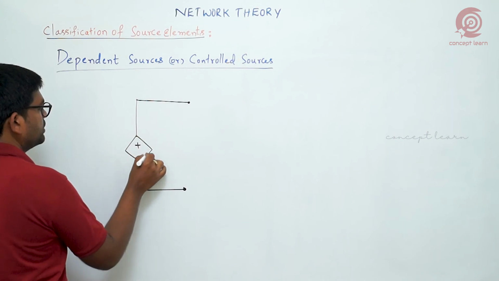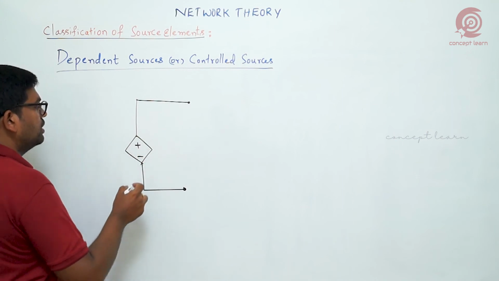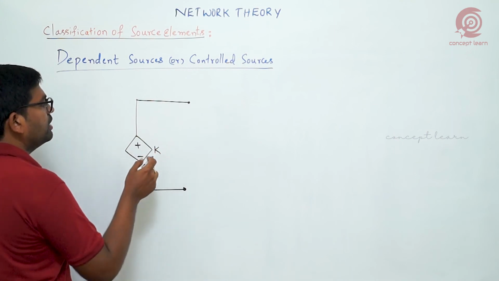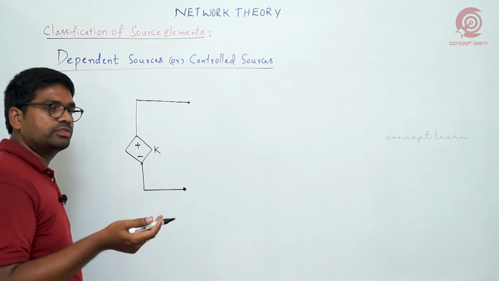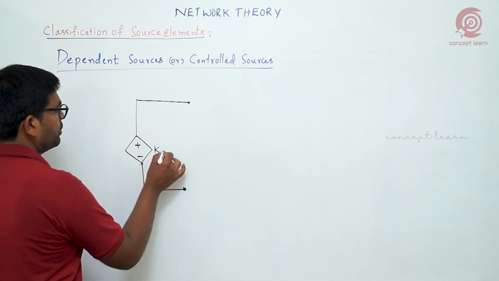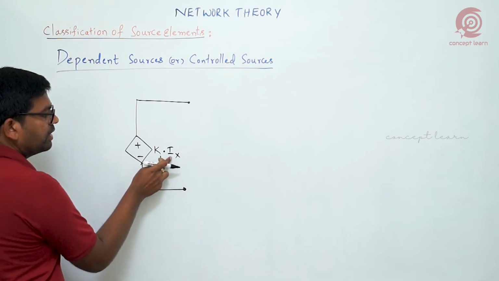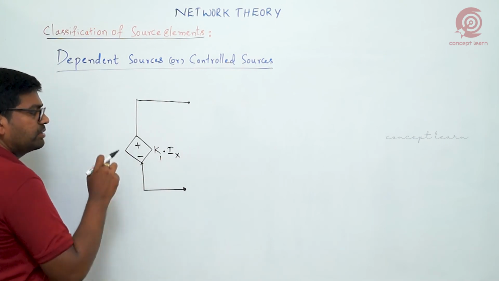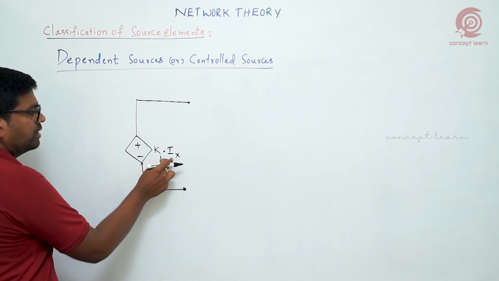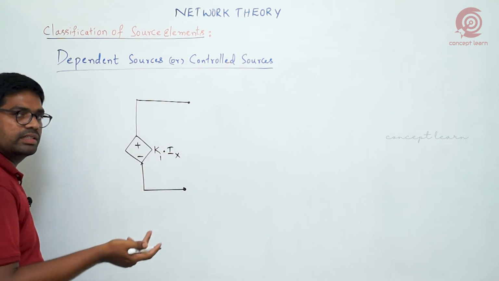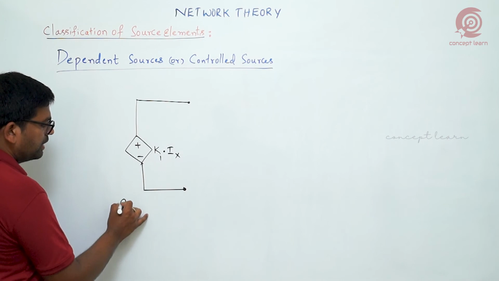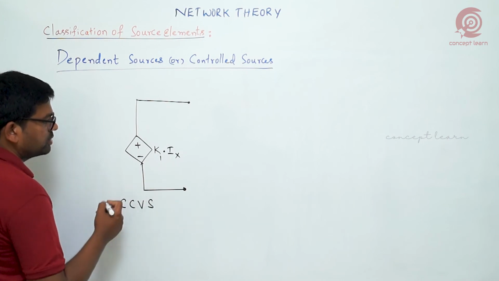If I choose this polarity, it is a voltage source, but the variable will decide what kind of dependent source it is, like K1 into Ix. What is the meaning? It is a current controlled voltage source. Polarity indicates the source, and the variable decides the category. You can name it a current controlled voltage source.